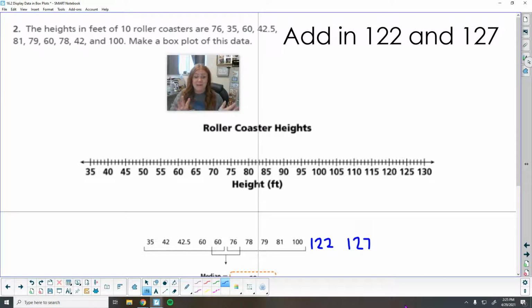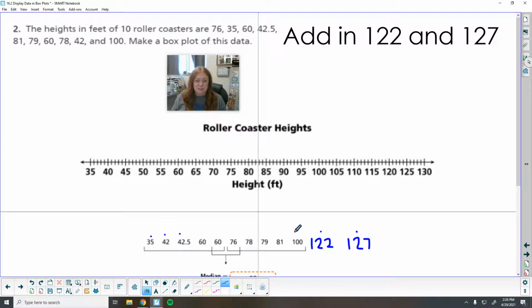So what do we think is going to happen, right? If we're adding roller coasters that are bigger, it means it's going to shift everything bigger. All the numbers are going to go up on that number line there. So instead of, right, our median was here, it's going to shift towards these bigger numbers because we're adding bigger data.